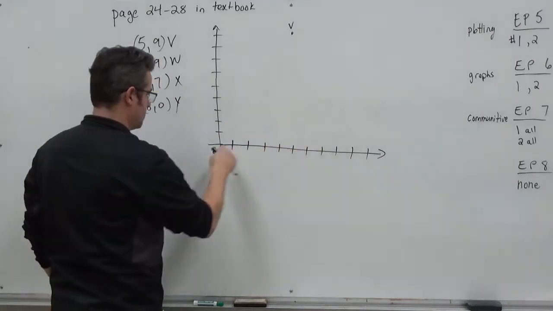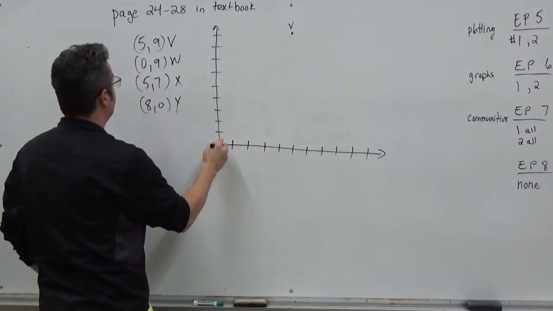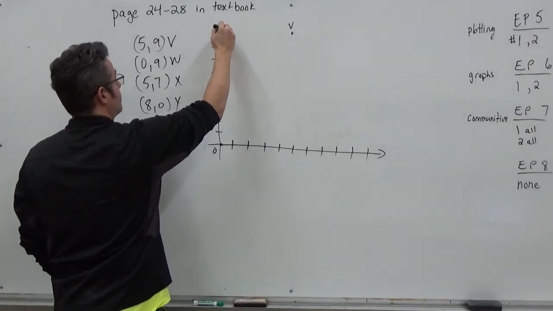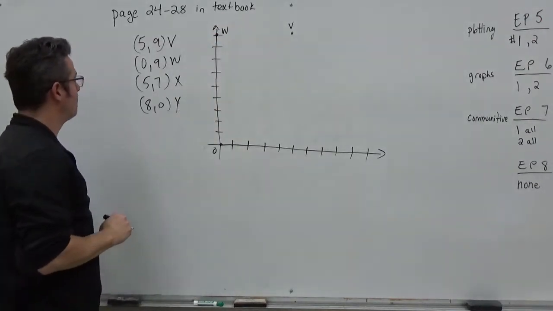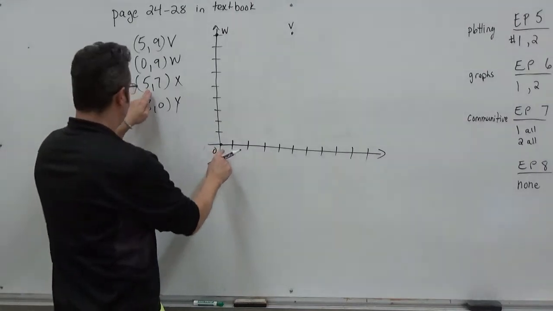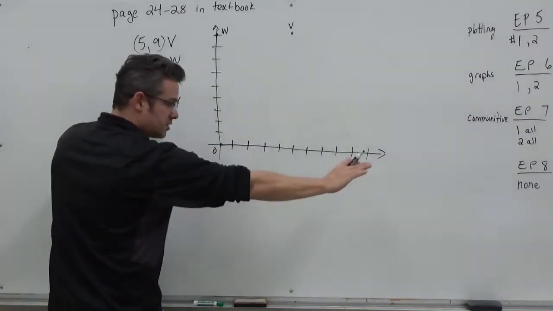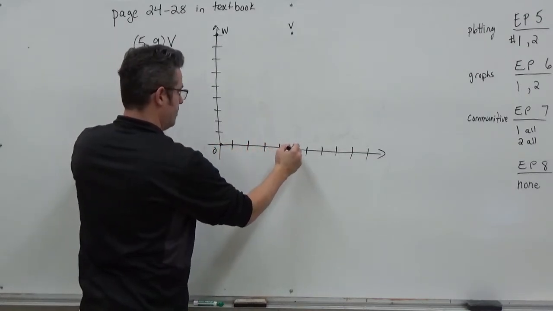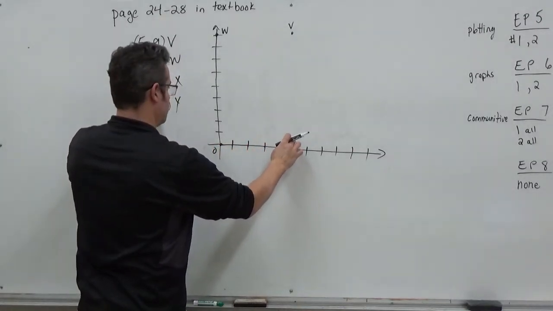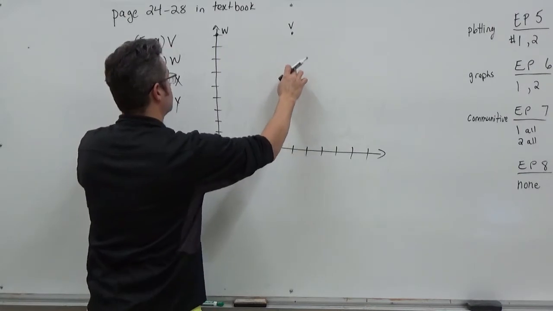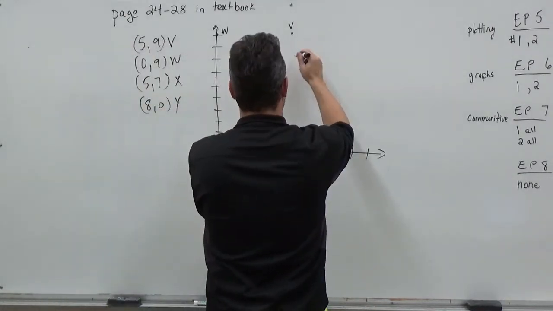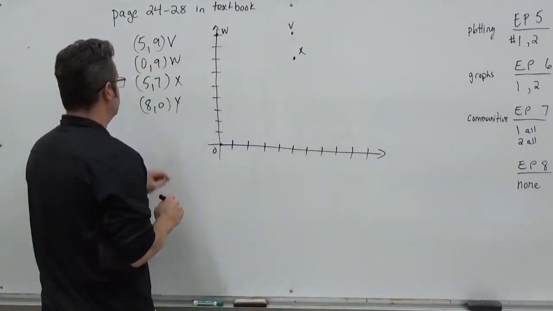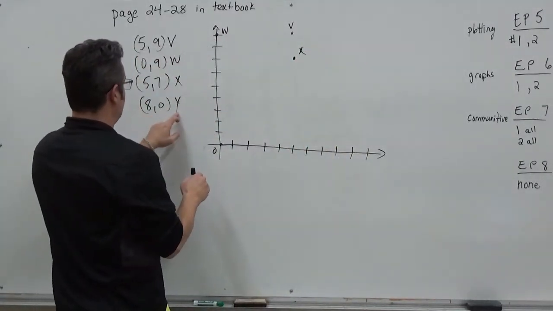So I go over 0, so I stay right here, and up 9. 1, 2, 3, 4, 5, 6, 7, 8, 9. There's W. Now I go over 5, because 5 is the first number. First movement is to my right. 1, 2, 3, 4, 5, and up 7. 1, 2, 3, 4, 5, 6, 7. And that's X.